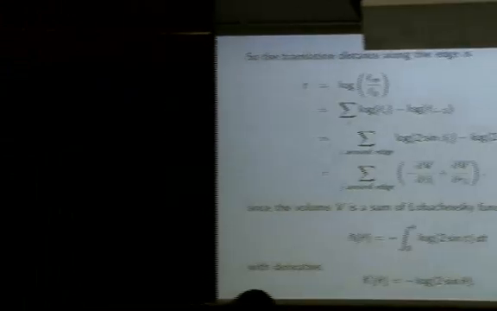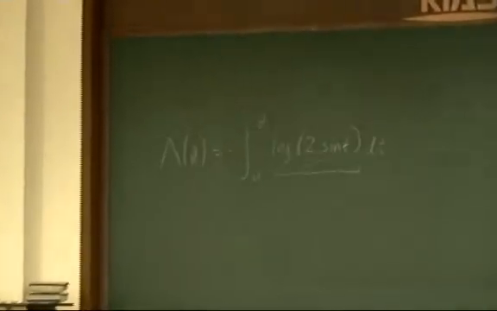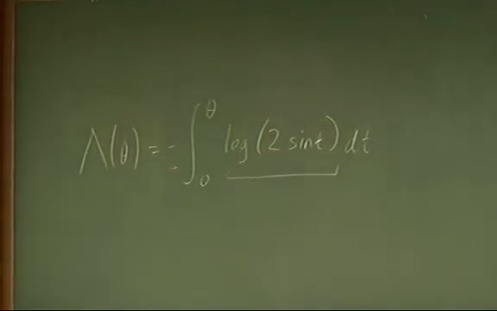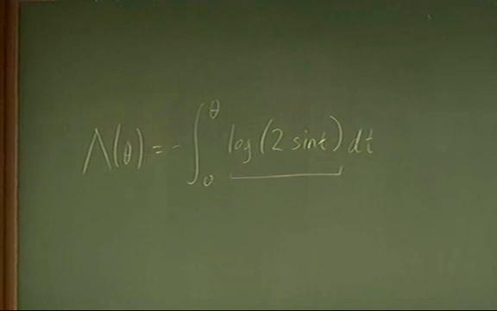So you can see the things in this equation are exactly the things that come up inside a volume formula. If you look at the derivative of this function, it's just going to be minus log 2 sine of theta at the angle theta.